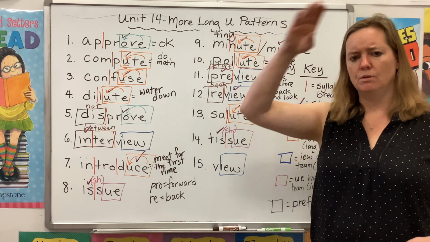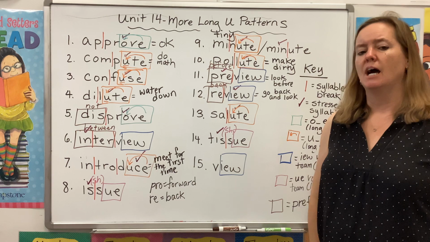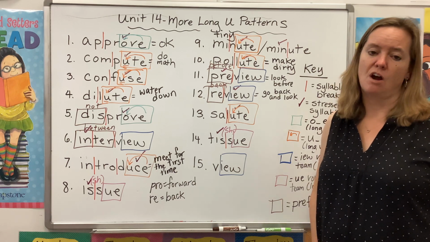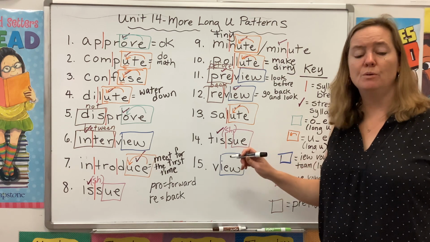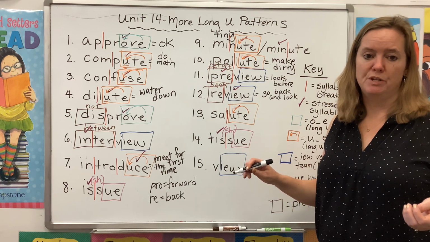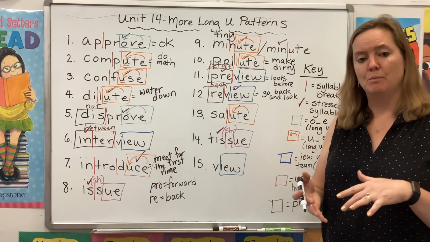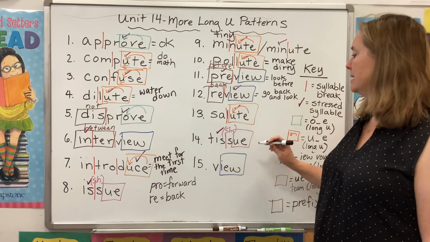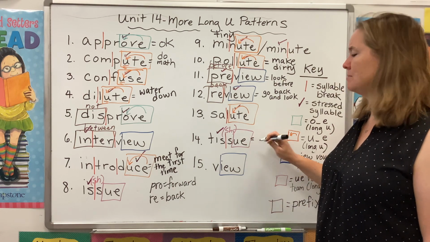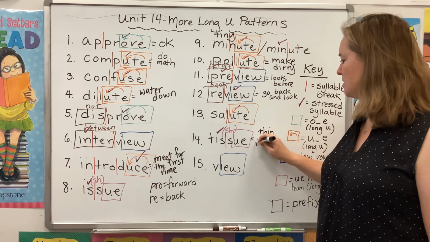To salute means to, it's a way to show respect to other officers in the army or the police force. Tissue could be something you use to blow your nose. Could also be tissue paper that you put in when you're wrapping a gift. Maybe you put tissue paper in the bag or the box. So for tissue, I'm just going to write thin paper, right? It's thin.